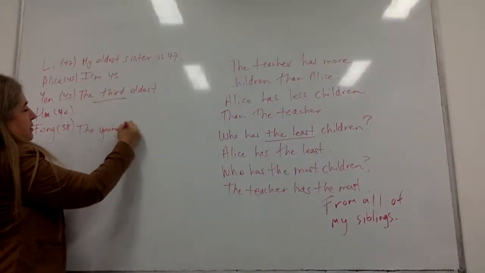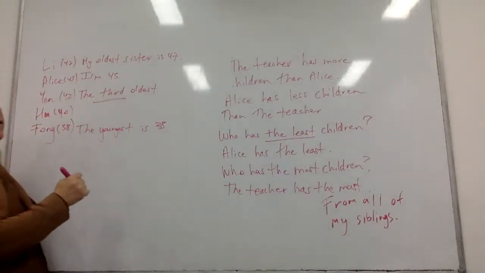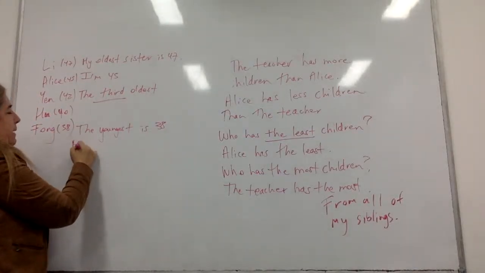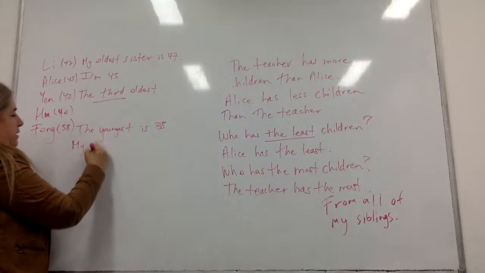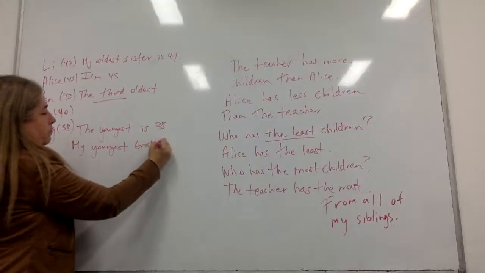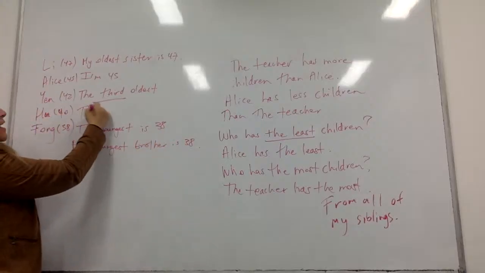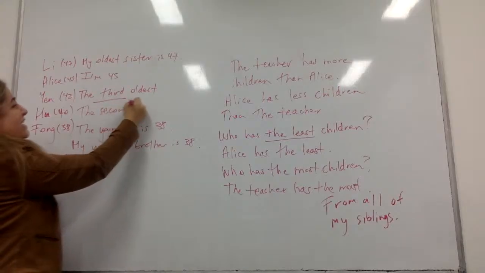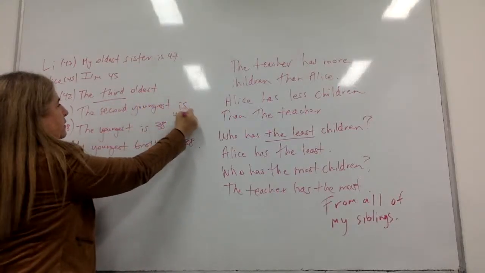The youngest is 38, right? Or to say, my youngest brother is 38, correct? And then this one would be the second youngest, is 40. See what I mean?